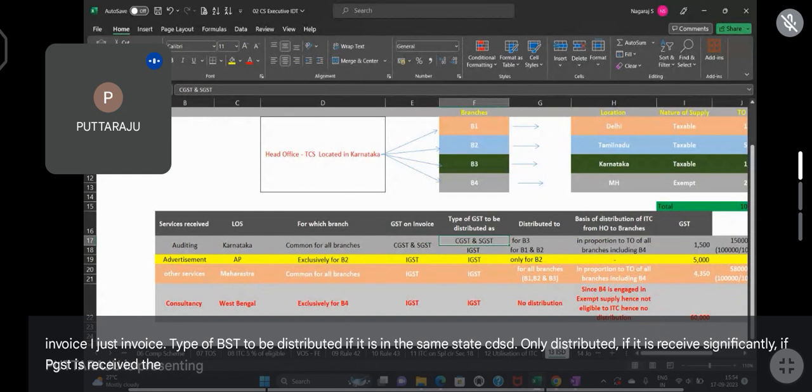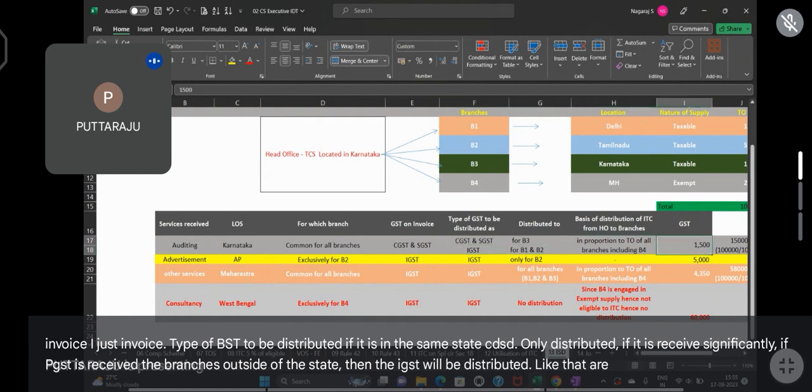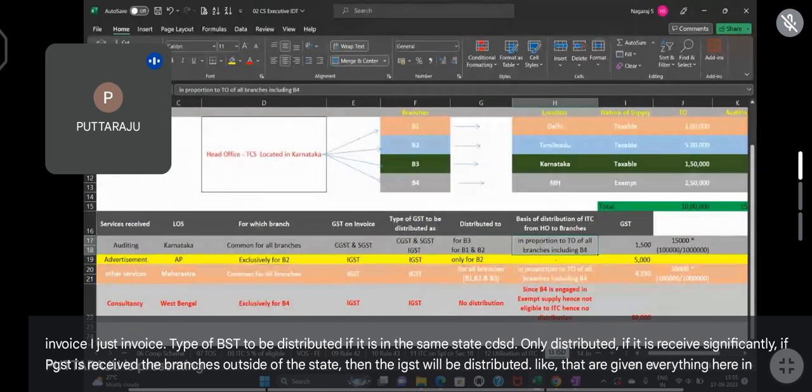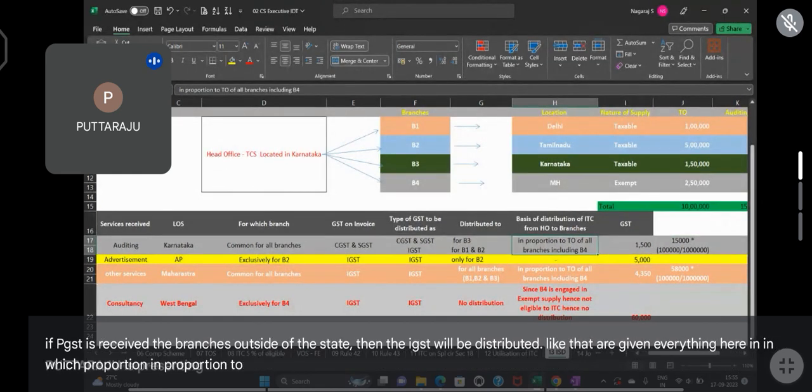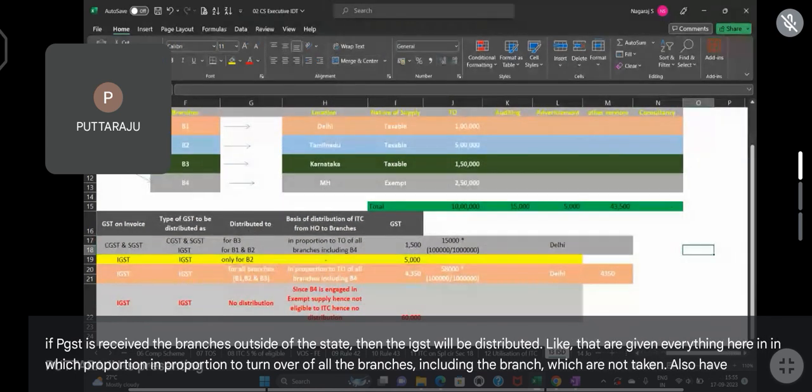If the branch is outside of the state, then the IGST will be distributed. Like that, I have given everything here. In which proportion? In proportion to the turnover of all the branches, including the branch which has not taken also, I have included.